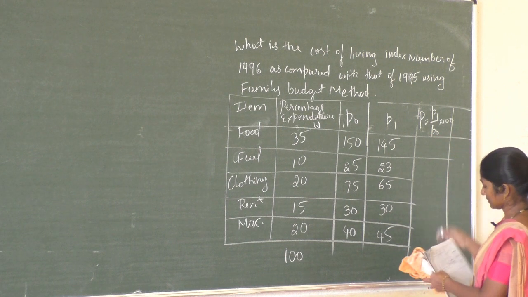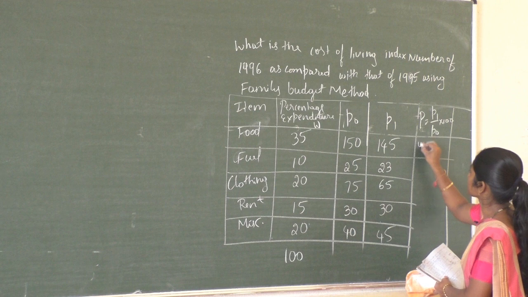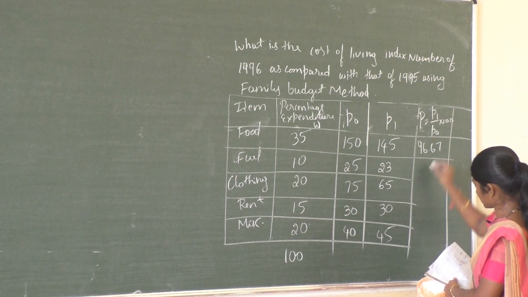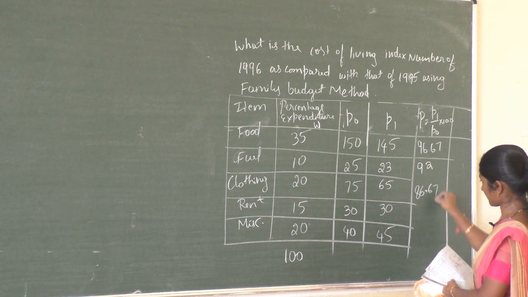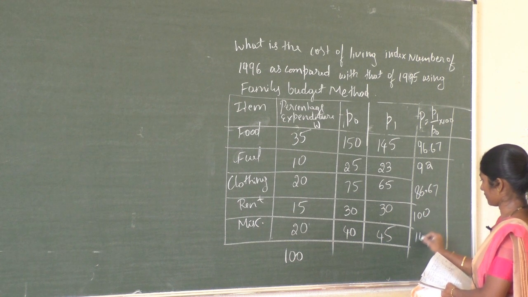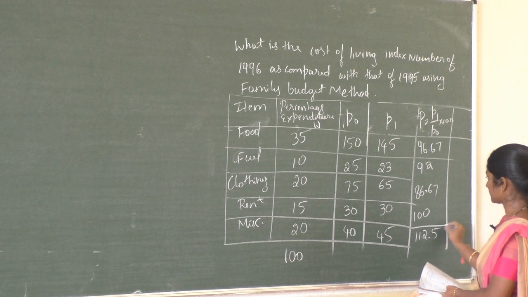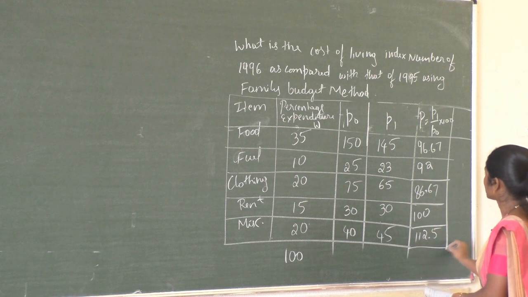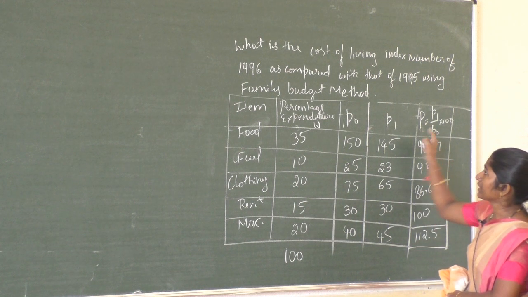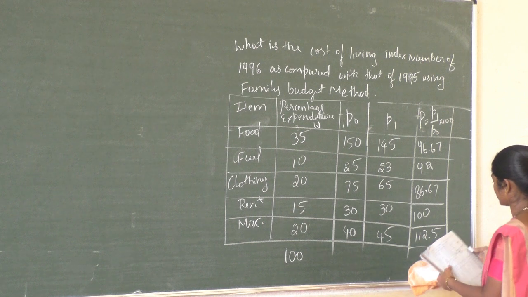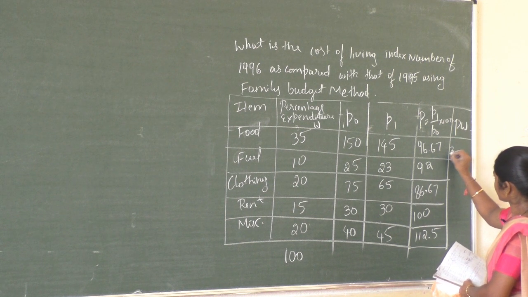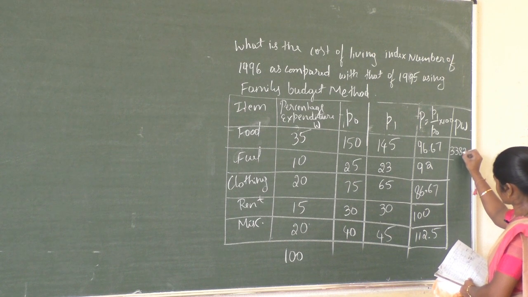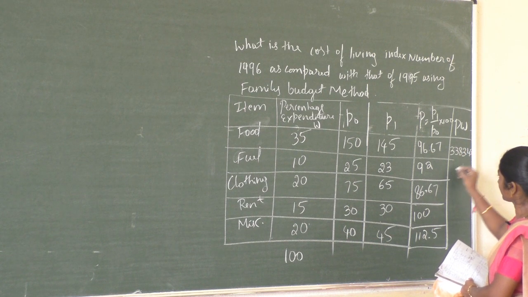Next, that answer is 792, 86.67, 100, 112.5. See, these are the answers. Next, again multiply that P into W the same way. After multiplying, we get the answer 83.45.